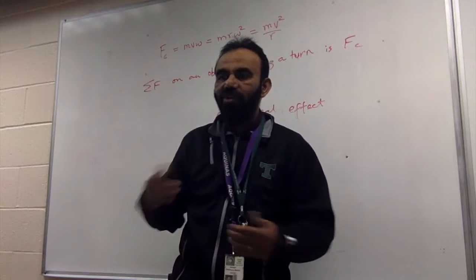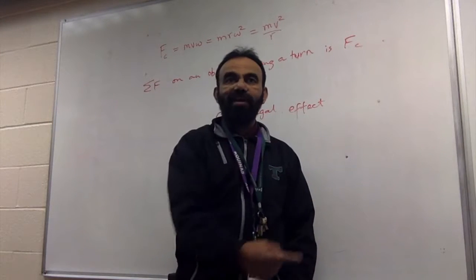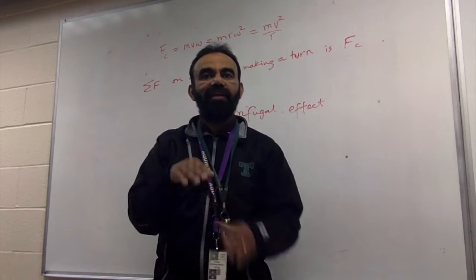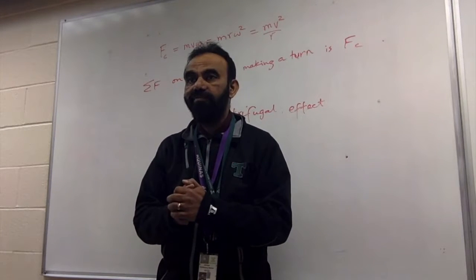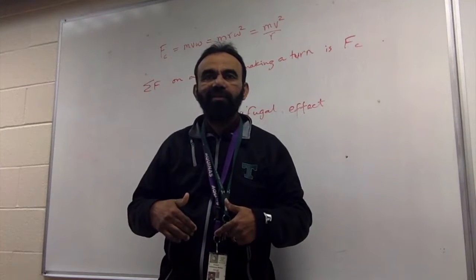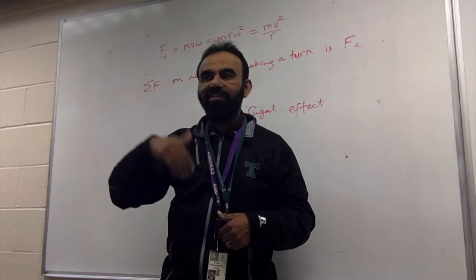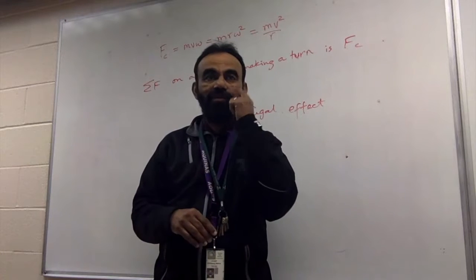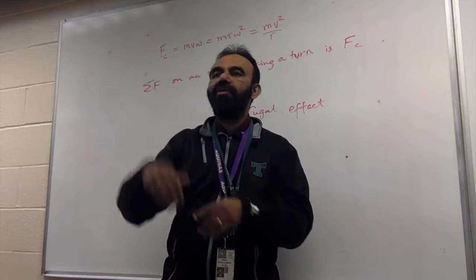So what is taking your bottom part in a circular path is a centripetal force provided by the friction between the seat and your bottom, right? What about the top part of the body? The top part of the body is not being pulled. By inertia, it wants to keep going straight.